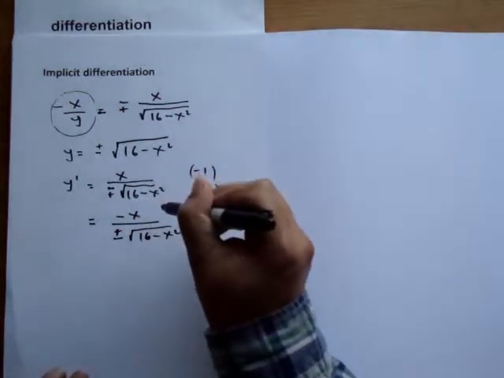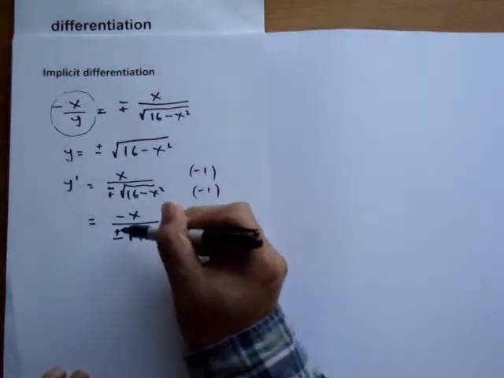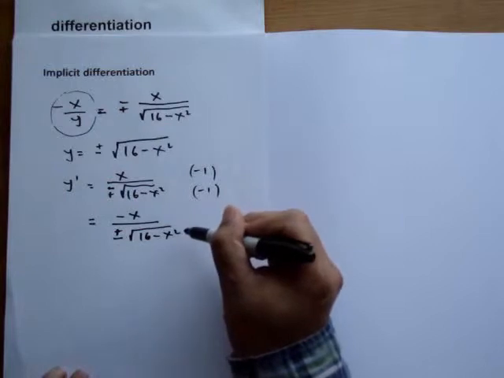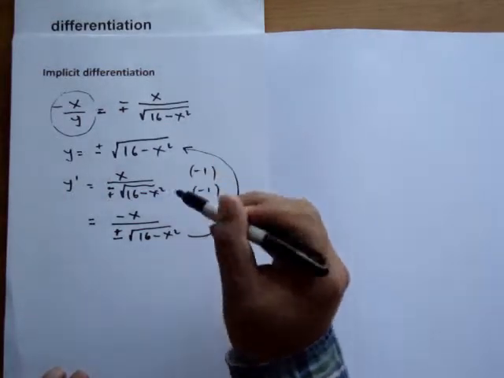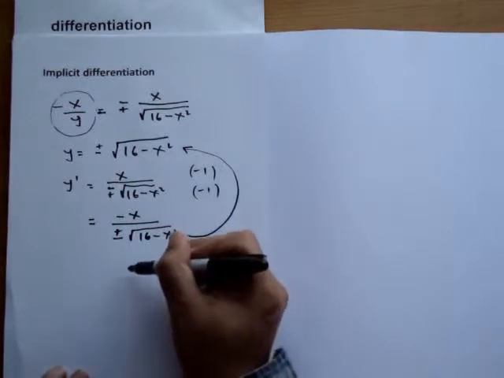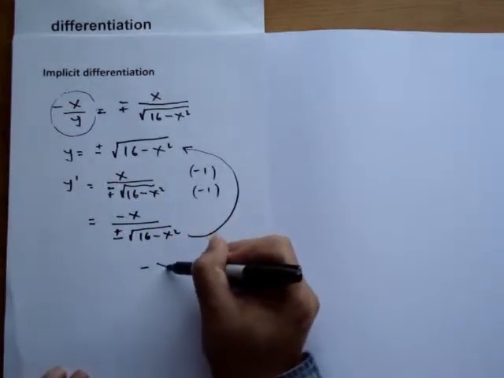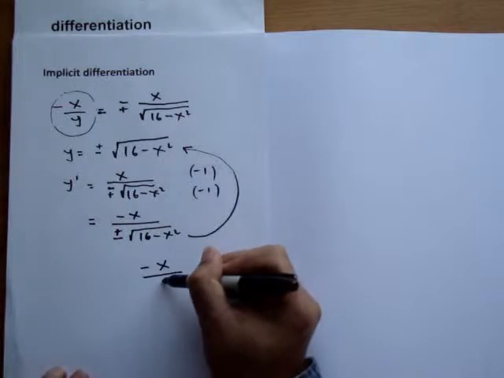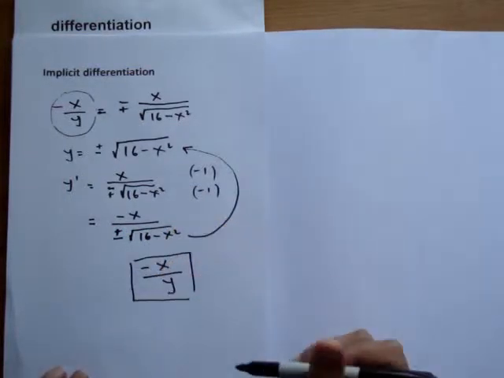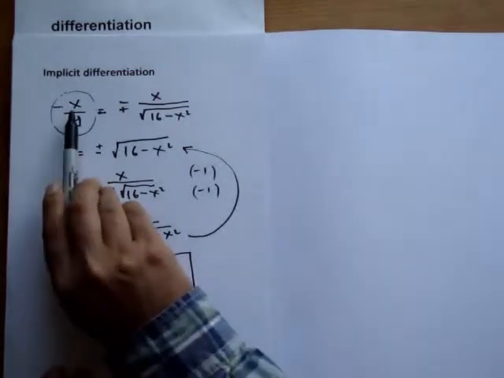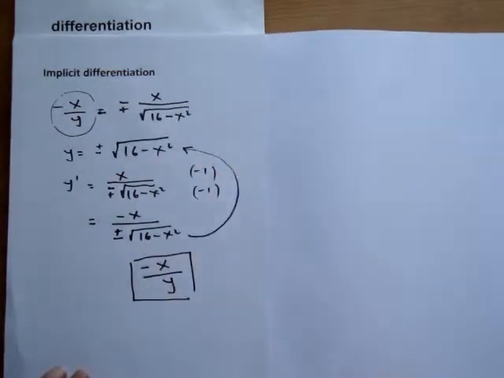And as you can see, this x over plus or minus is the same as this, so this then is minus x over y. So this answer is the same as that answer.